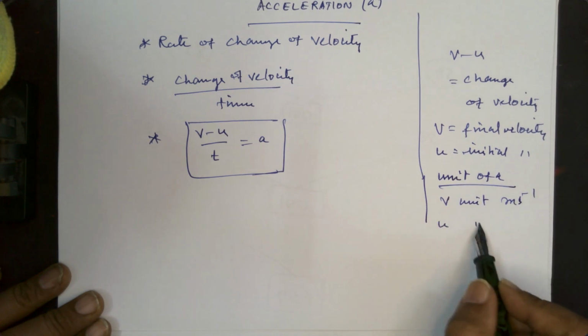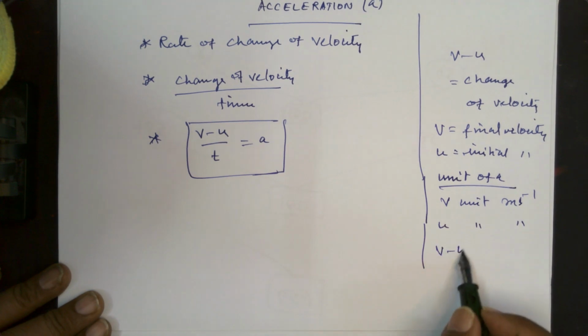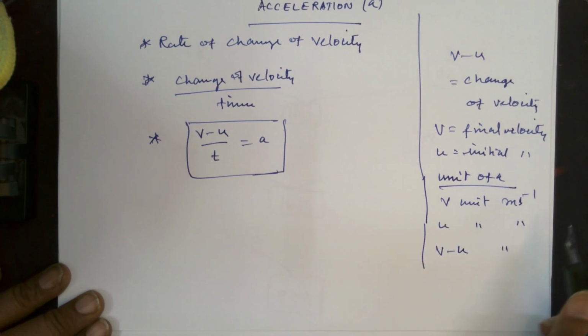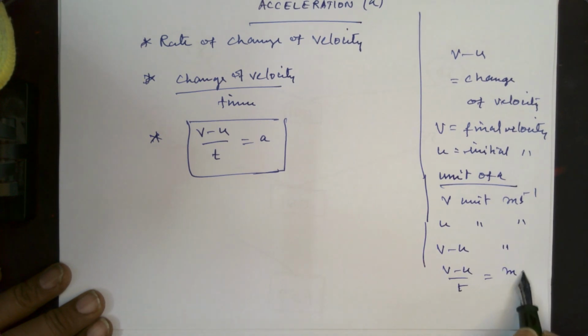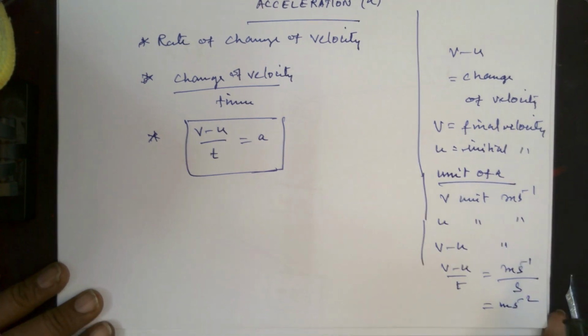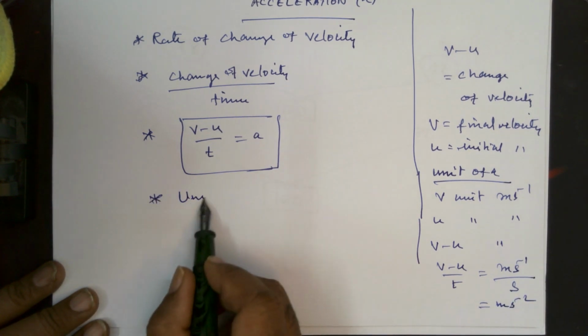U also, the unit is meter per second. So the difference v minus u is also meter per second. And v minus u divided by t means meter per second divided by time in second. So it is m s power minus 2. Do you understand?